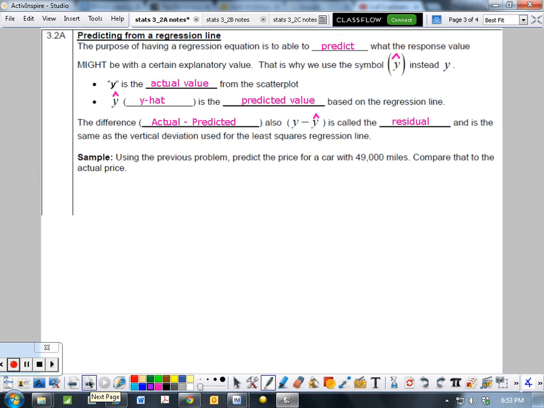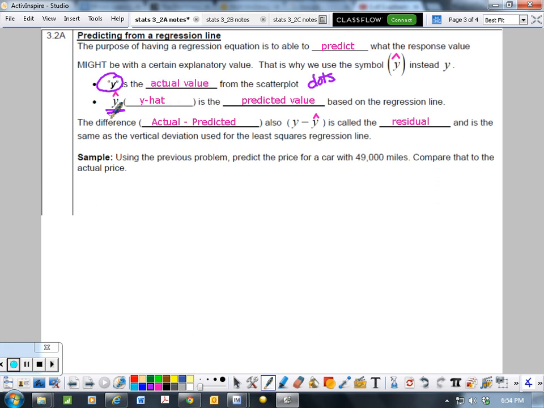Okay, predicting from a regression line. The purpose of having that regression equation is to be able to predict what would happen. So please remember that y is the actual value, the value from the scatter plot or the dots, where y hat is the predicted value, the value on the regression line.